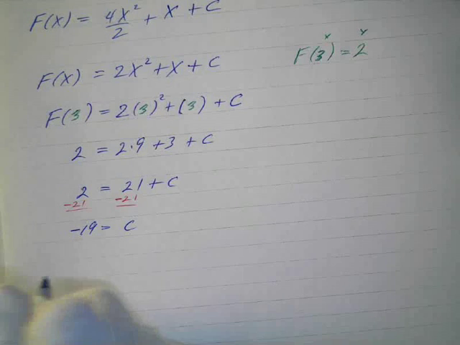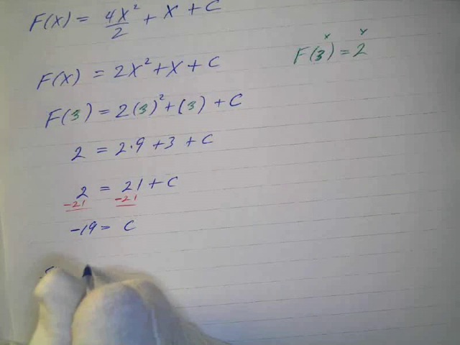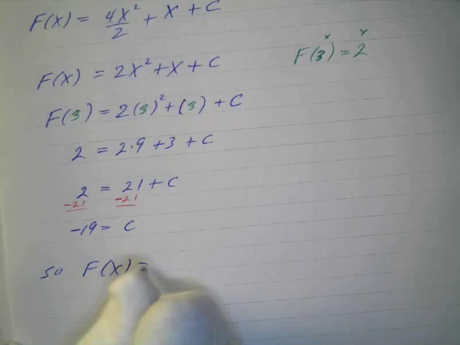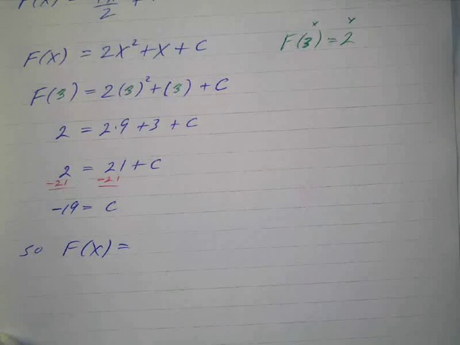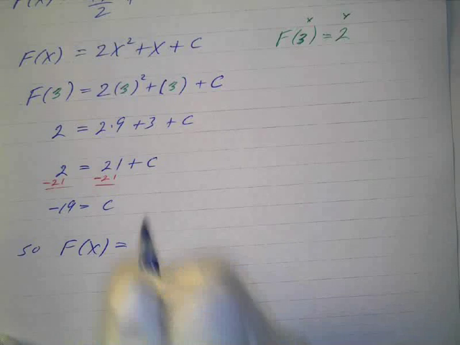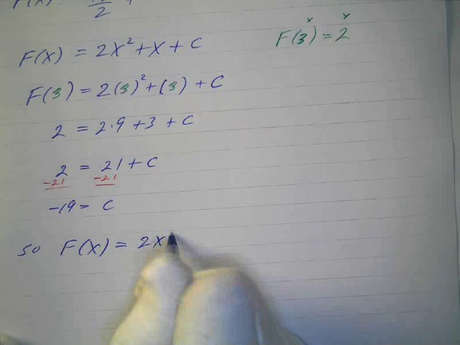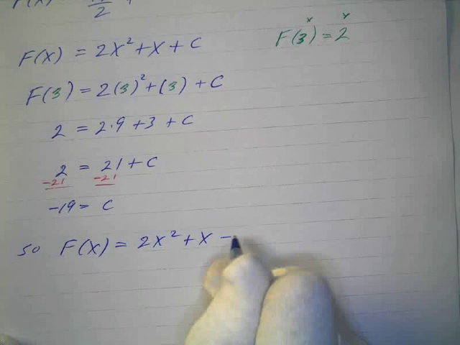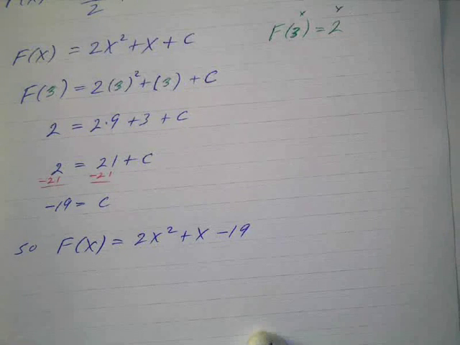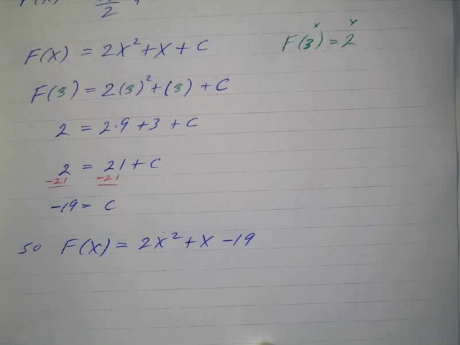And now I can say that capital F of x equals 2x squared plus x plus c, which is negative 19. And there's your antiderivative. Okay?